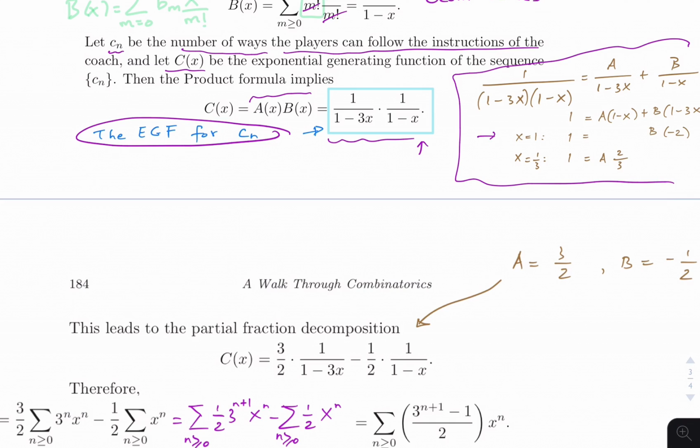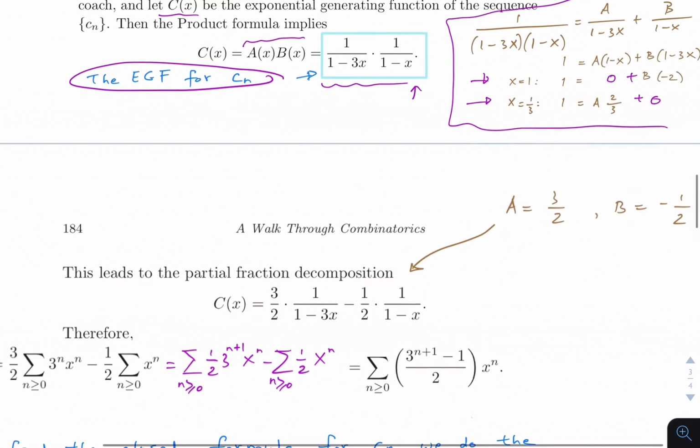At this step, I just plug in 1 and 1/3 in order to get 0 here and here. And so I get my A and B, and actually these are maybe not very good choices because I've used A and B already, so let me use alpha and beta.